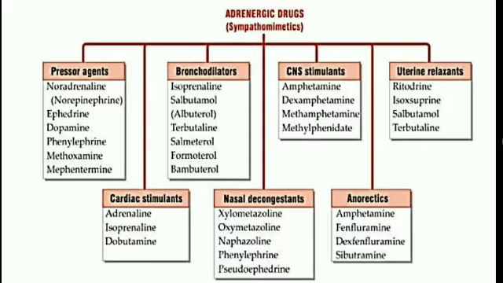Then uterine relaxants. These are the drugs which relax the uterine muscle. They include ritodrine, isoxsuprine, salbutamol, terbutaline. Then cardiac stimulants. These are the drugs which stimulate the cardiac system. That means they have a positive inotropic effect, positive chronotropic effect, and so on, which include adrenaline, isoprenaline, dopamine. Then nasal decongestants.